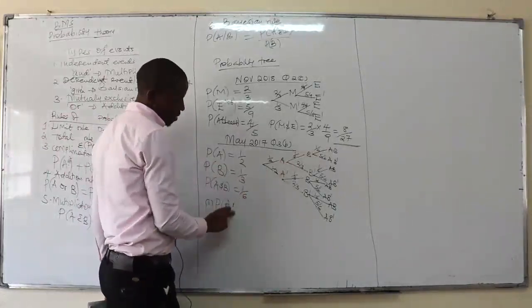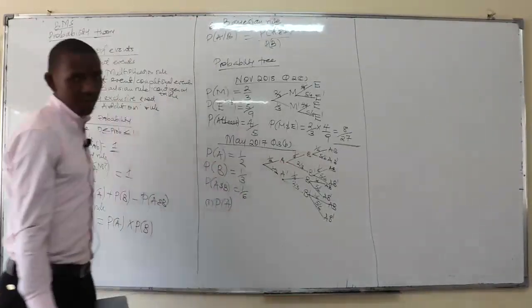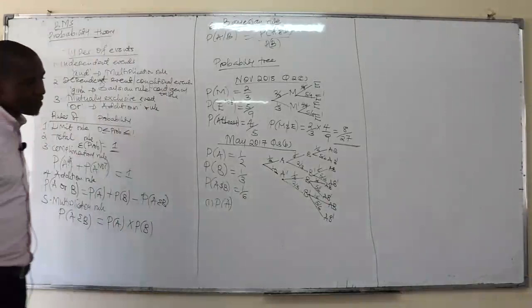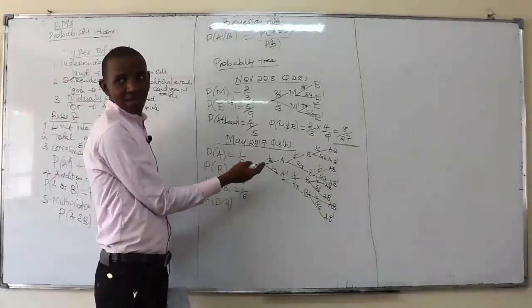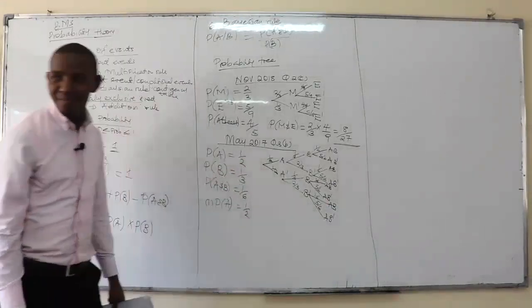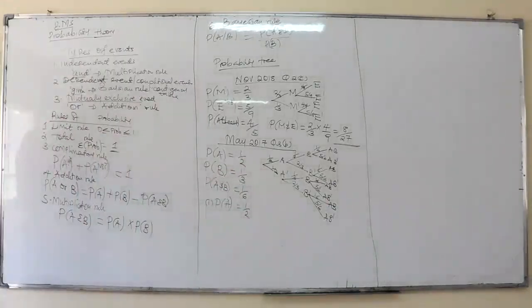The A is winning all the games in which area? And A wins where? It is only the first game. So it means it will be what? Because he's only winning that game.